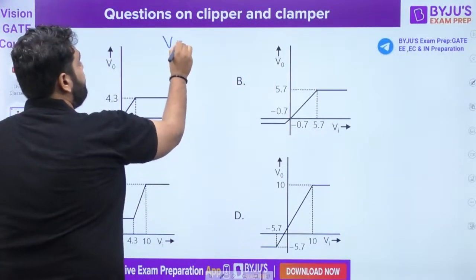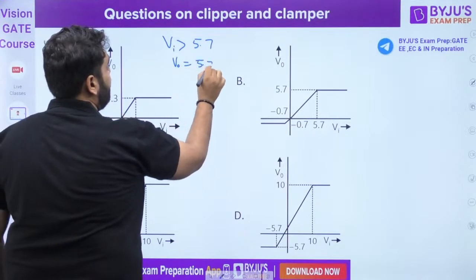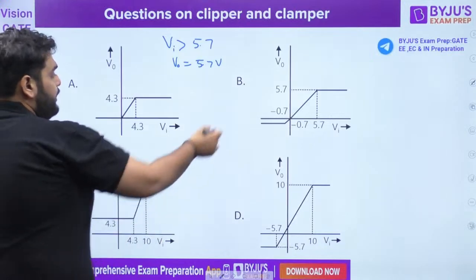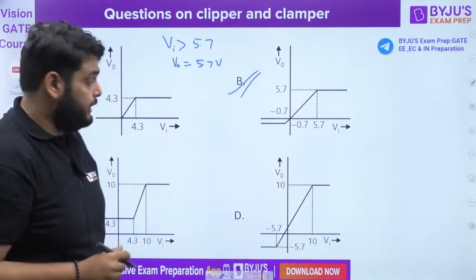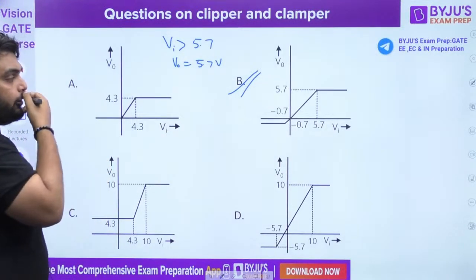When input is more than 5.7, output voltage is fixed to 5.7 volt. So the correct graph showing this description is option number B. Do you understand this thing?